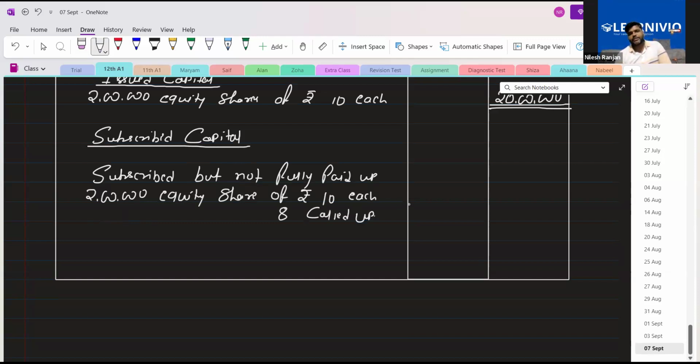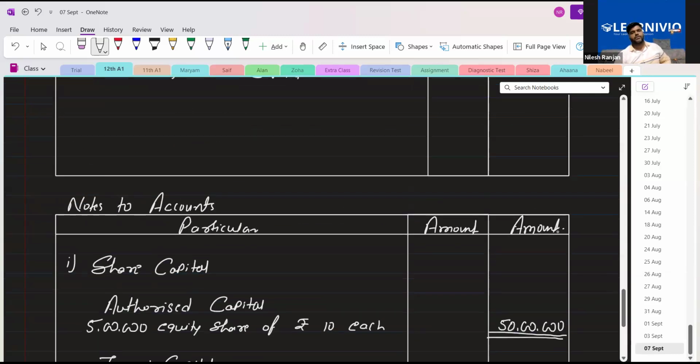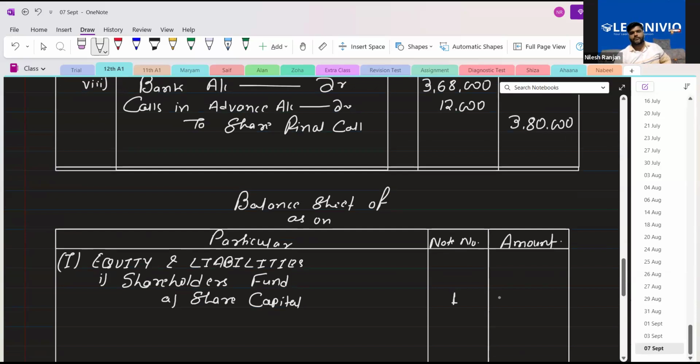So 8 called up means 2 lakh into 8, 16 lakh, minus calls in arrear. Calls in arrear is 30,000. So total 15 lakh 70,000. It will be coming here.